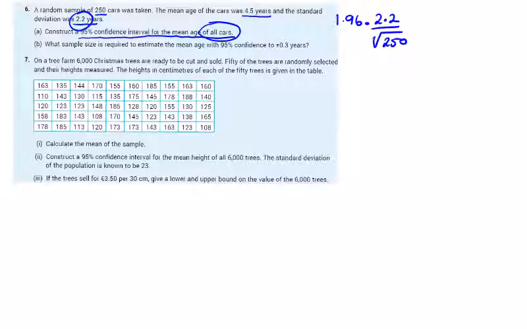It's 1.96 standard deviations away from the average, for exactly 95%. In the middle here, we're getting a value at this point and at this point, and the width of this confidence interval in percentage terms is 95%.